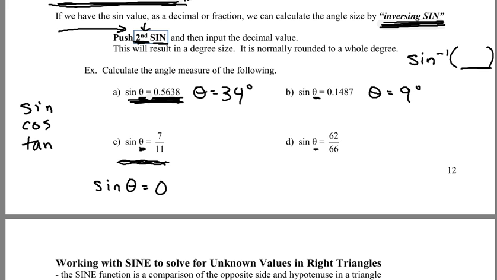So sine theta decimal 6363, it's the exact same thing, it's the decimal version of the fraction. So now we can calculate theta.